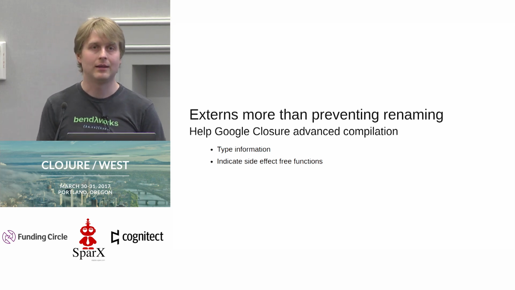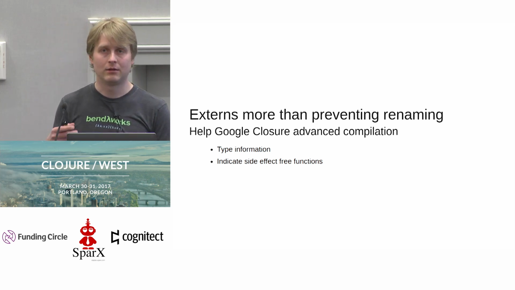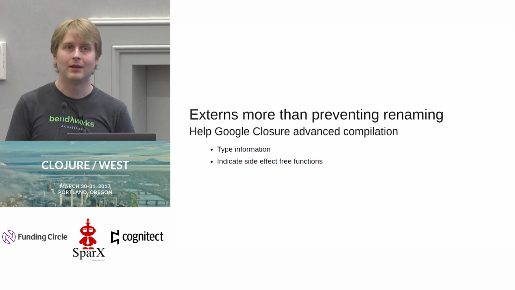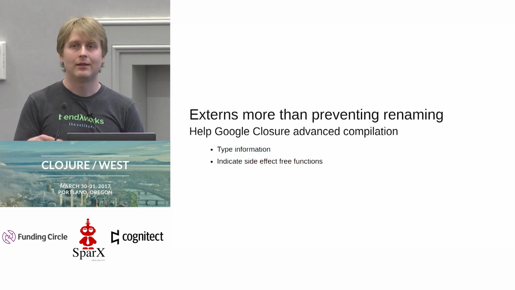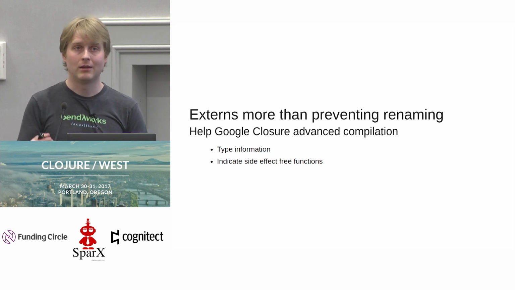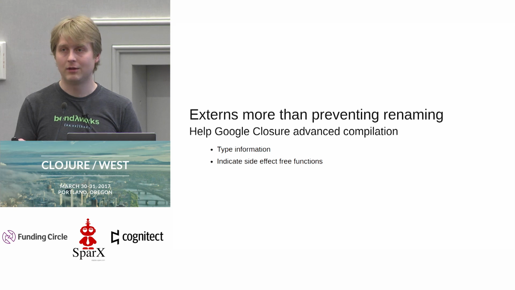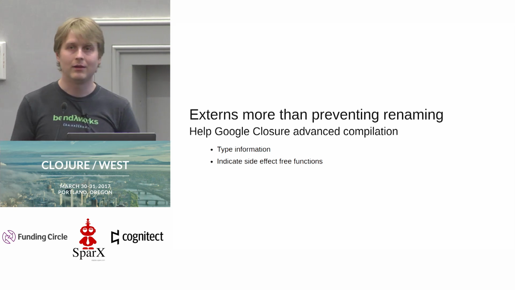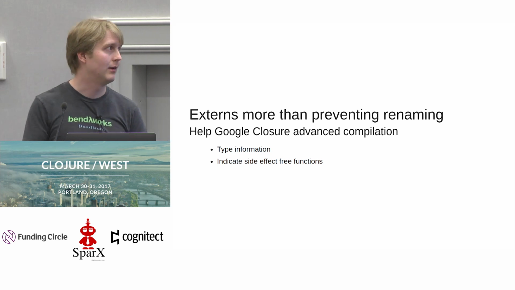They also provide the Google Closure compiler with a lot of information like type hinting and telling when functions are not going to have side effects, that allow you to get the benefits like dead code elimination and inlining that you could get from ClojureScript code for your externs as well.